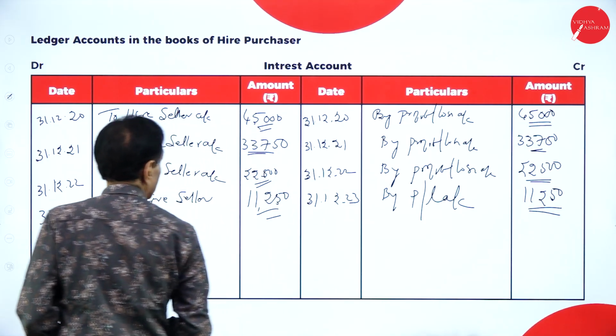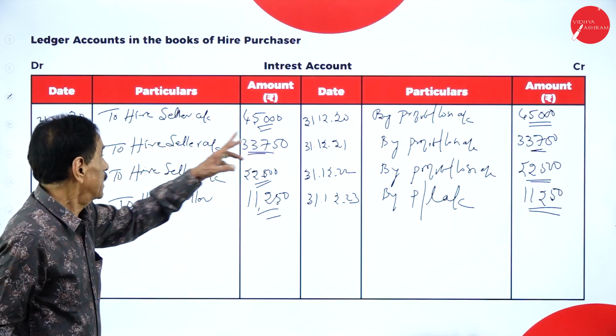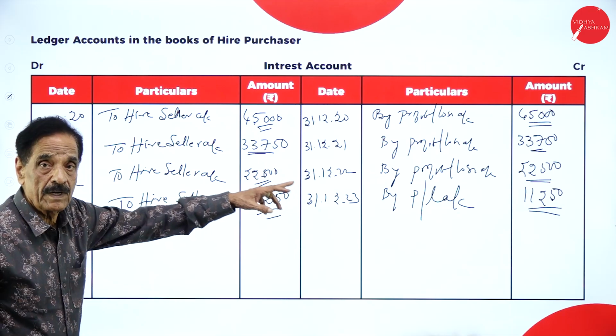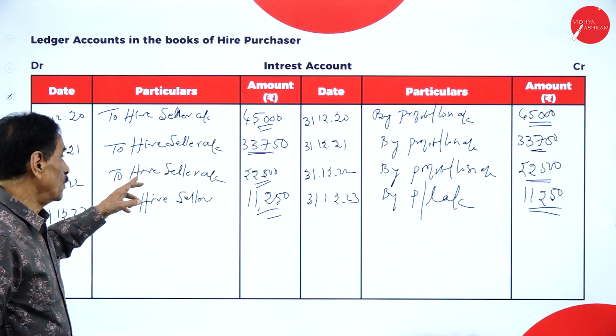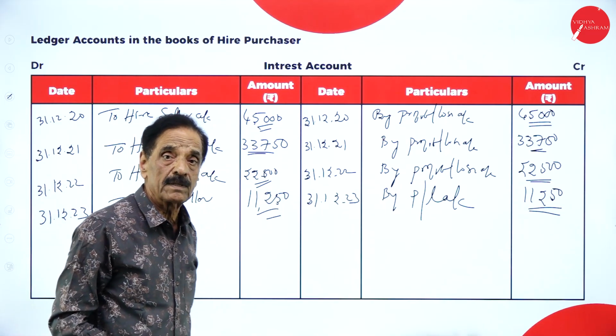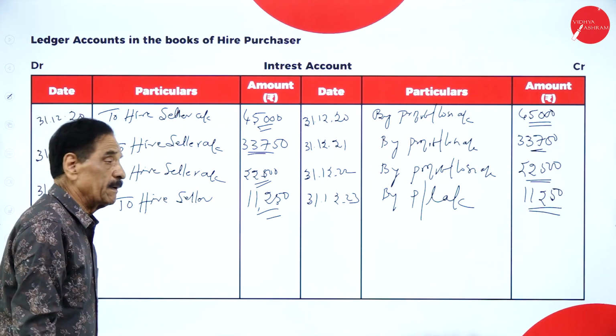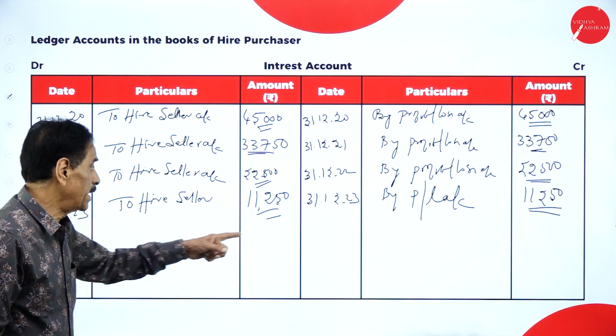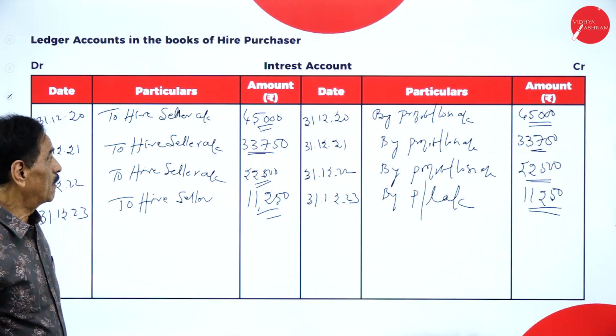Transfer it. So how will it go? Interest to hire seller account by profit and loss account, first year; interest to hire seller account by profit and loss account, and so on for each year.